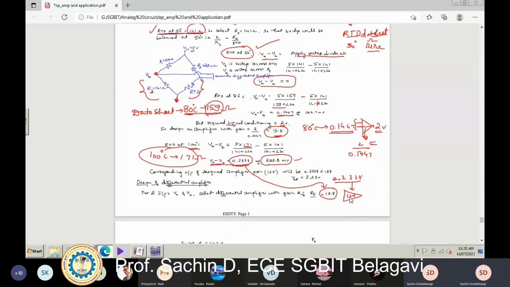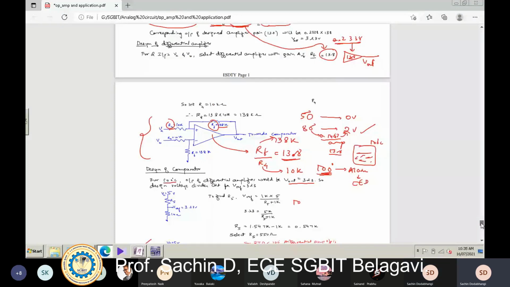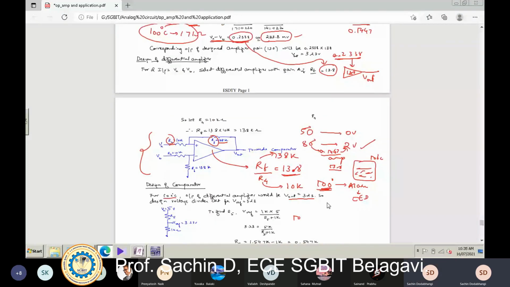When it passes through the differential amplifier, the output will be the gain multiplied by the input. So 13.8 into 0.2338 gives an output voltage equal to 3.23. Getting it? We get 3.23.